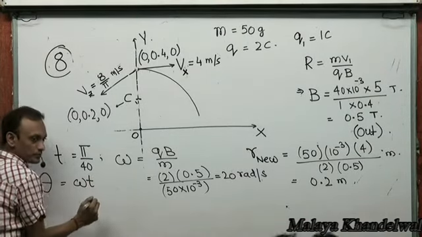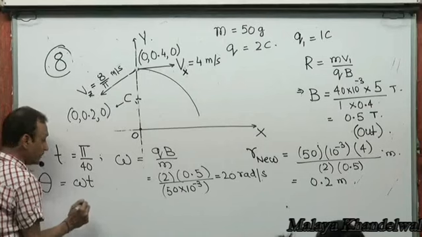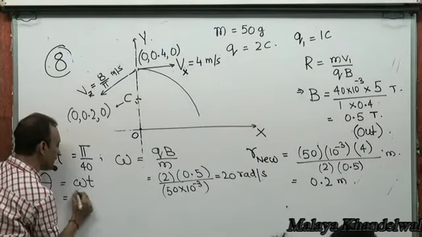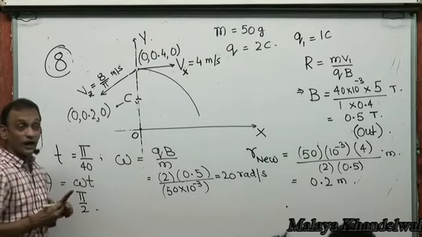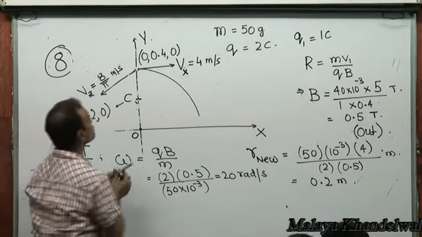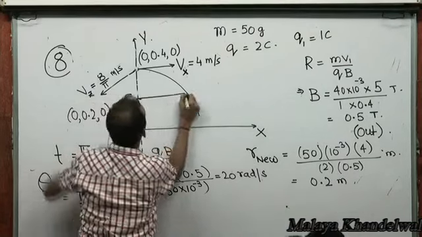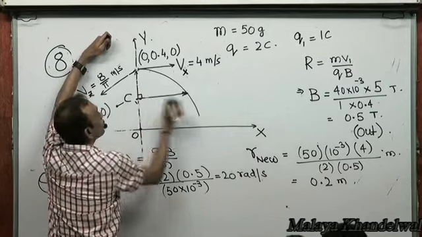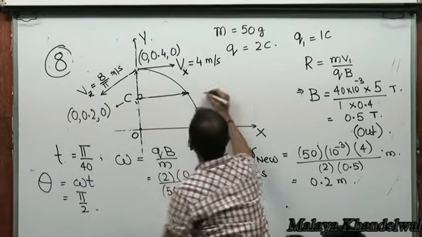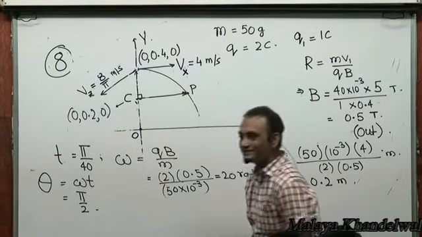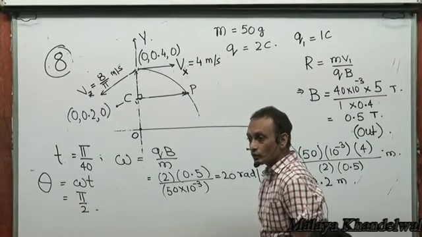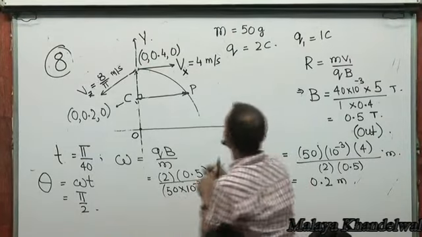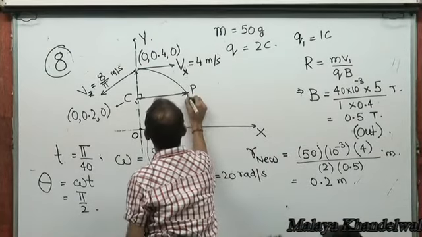Omega is 20 radians per second, t is pi by 40, so this is going to be pi by 2 radians. 90 degrees of deflection means the particle was here, and it got deflected by 90 degrees. Now at t equal to pi by 40, the particle would be here. Yes or no?